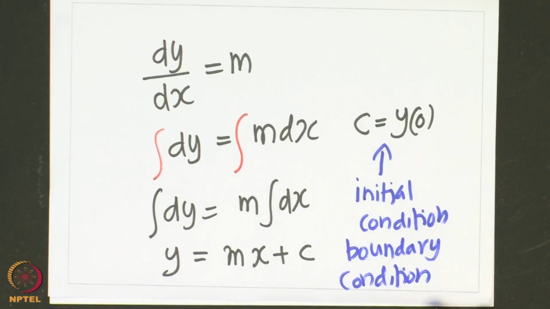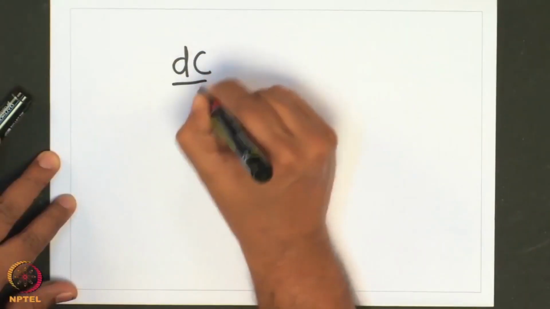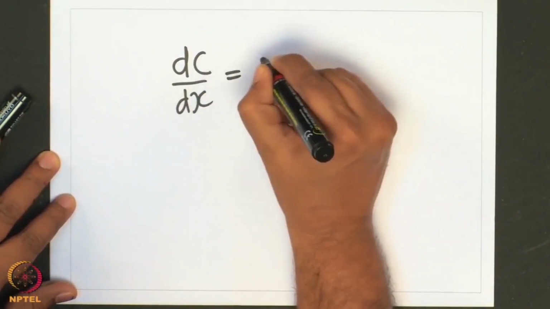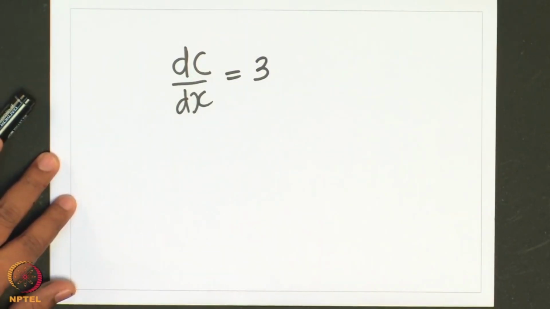Why do we call it the boundary condition? Let us think about this not in terms of time, but in terms of concentration. Let us say we want to write an equation for concentration. What we know, let us say, is that dc by dx is equal to 3, some number.